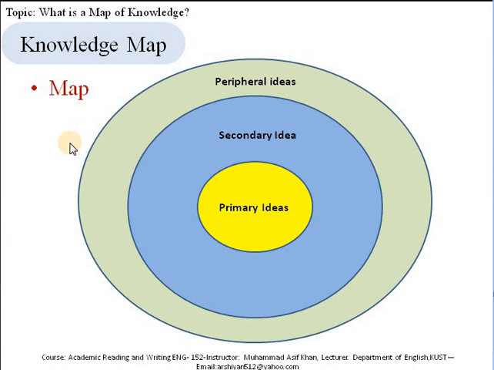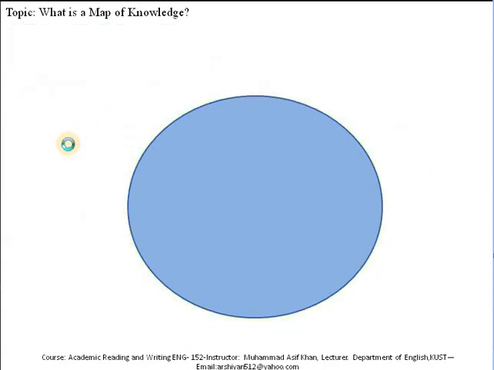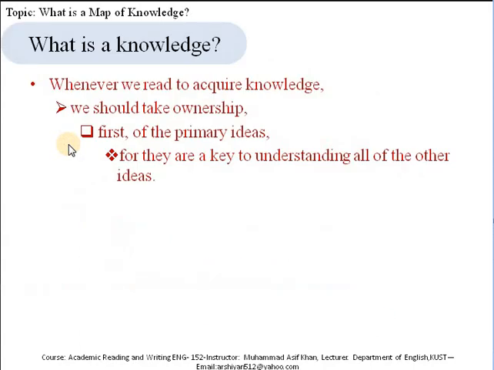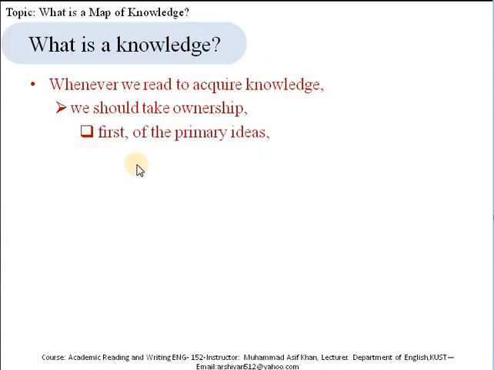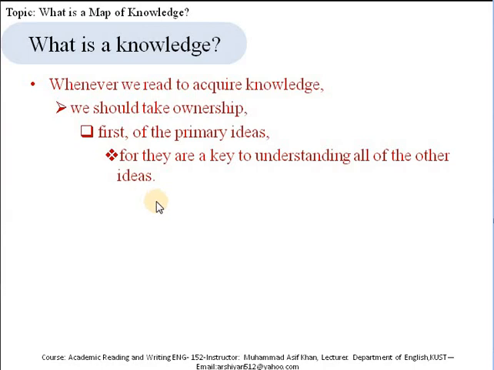Whenever we read to acquire knowledge, first of all, we should take ownership of the primary ideas, because these primary ideas are key to understanding all other secondary or peripheral ideas.